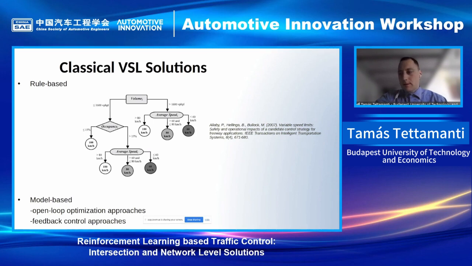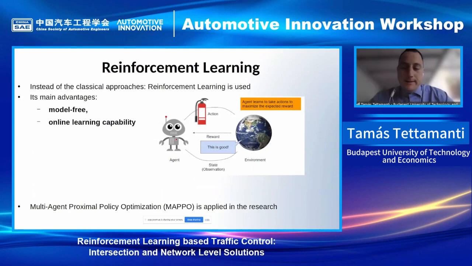But all these classical variable speed limit solutions have some limitations in terms of flexibility and the need of a model. And that's why our approach is to substitute this approach with reinforcement learning. And the main advantage is the model-free concept, and of course, the online learning capability of the reinforcement learning. So that's the main point.